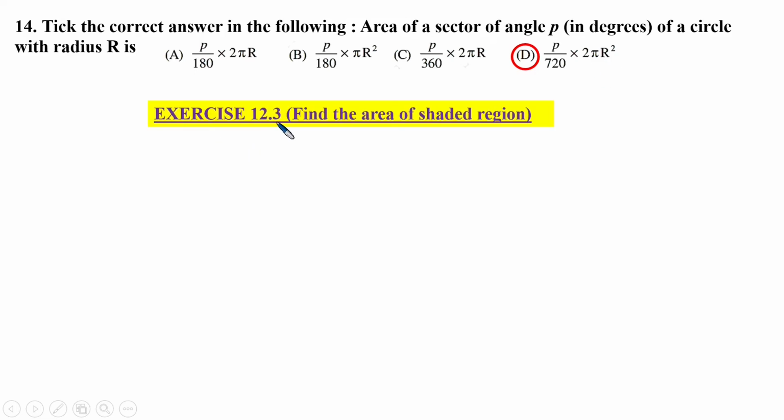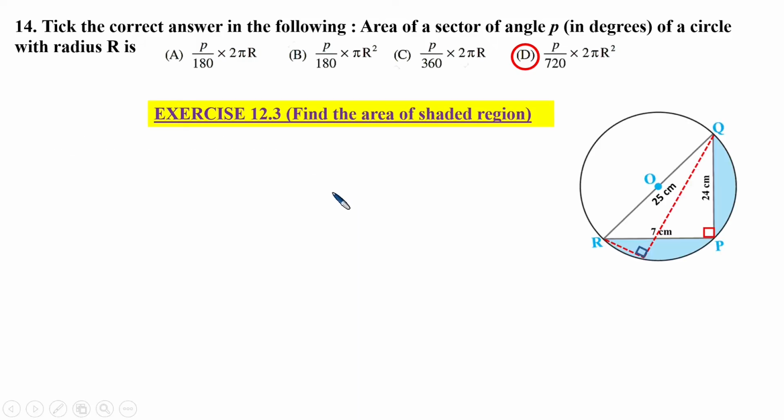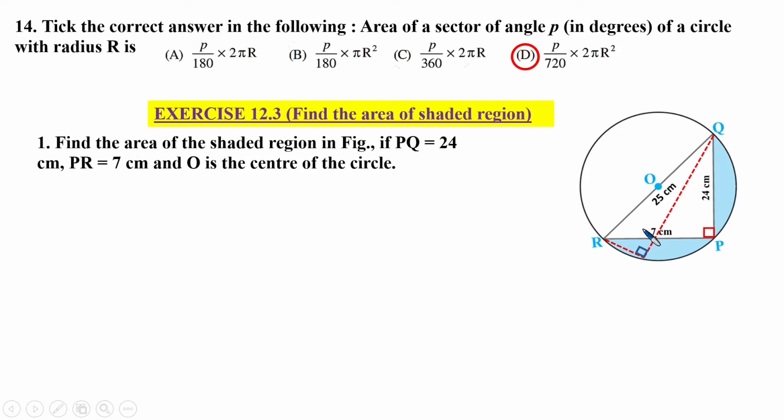Now exercise 12.3, find the area of the shaded region. I will not go into detail on each step, but I will give you the hint so that you should be able to do it yourself. If PQ is 24 centimeter, PR is 7 centimeter, and O is the center of the circle. Here this diagram is not a correct representation. It should have been this red dash here, but for any point on this circle to this diameter, the angle will be 90.